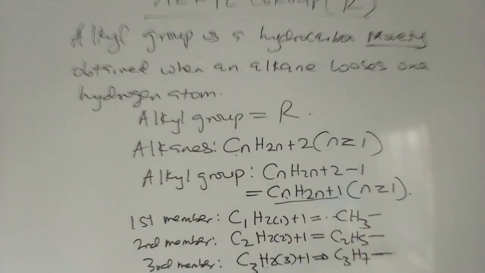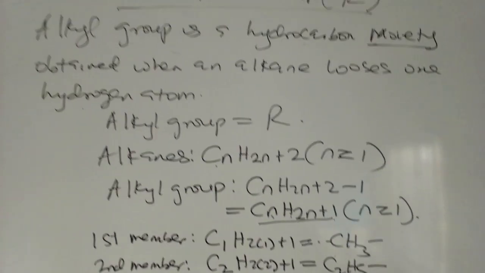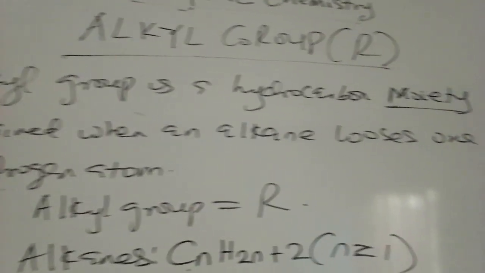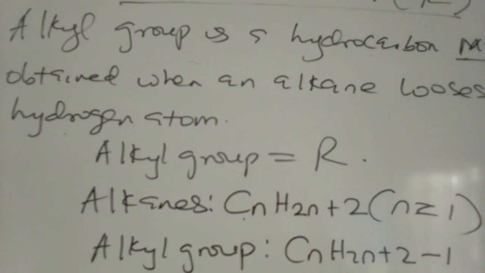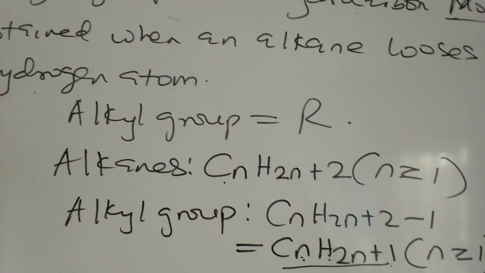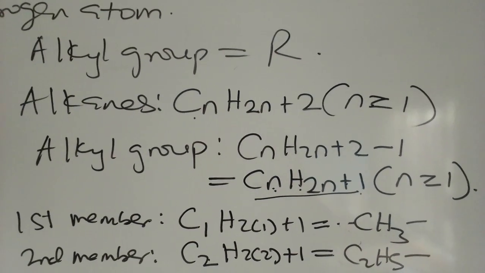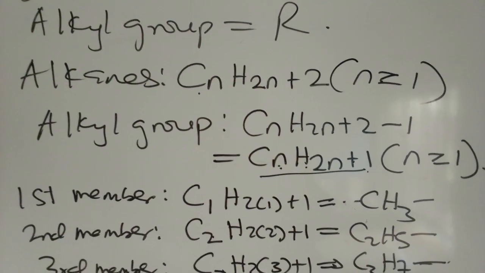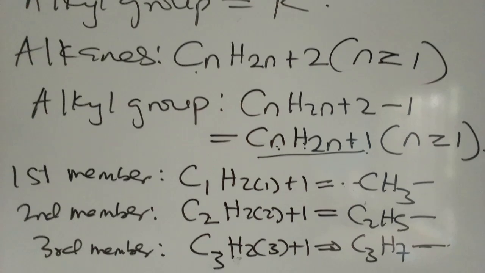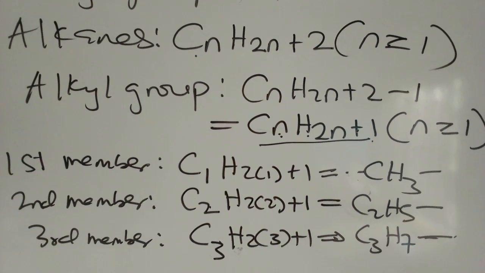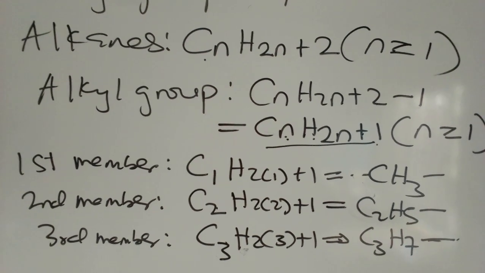So you can see, Alkyl group is a hydrocarbon moiety obtained when an alkane loses one hydrogen atom. Generally, we represent the Alkyl group with the symbol capital R, representing a radical group. They are from alkanes. Alkanes have the general formula of CnH2n+2. Then subtract 1 from that formula, CnH2n+2 minus 1.